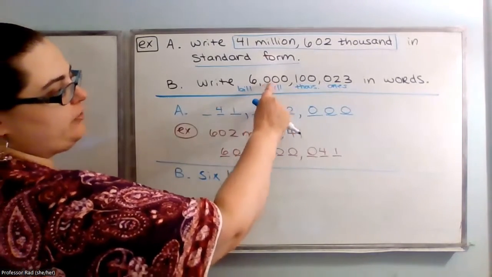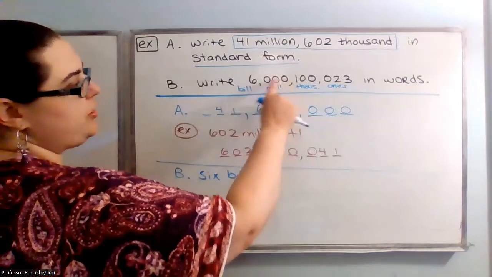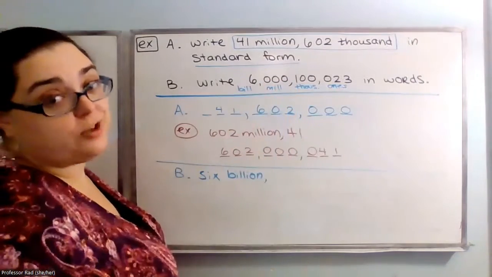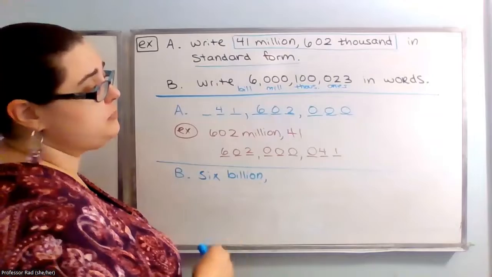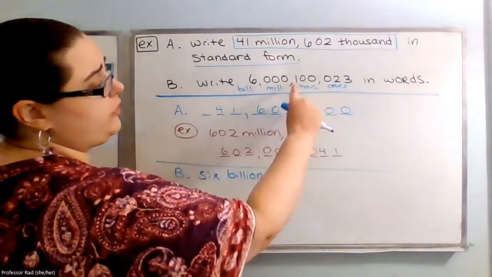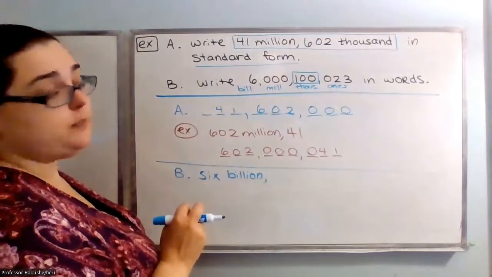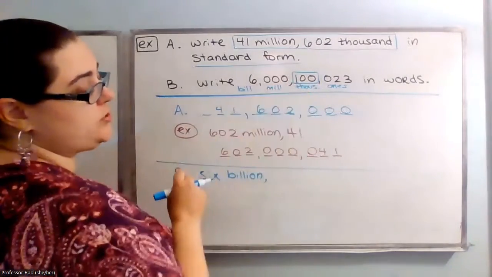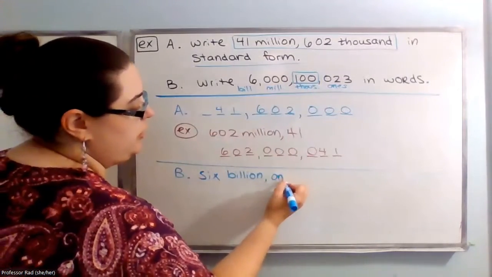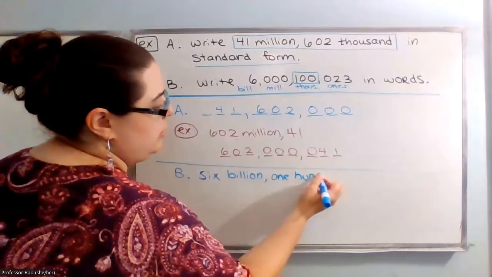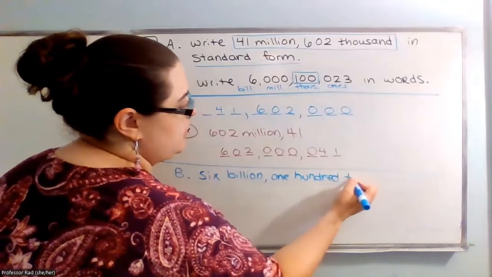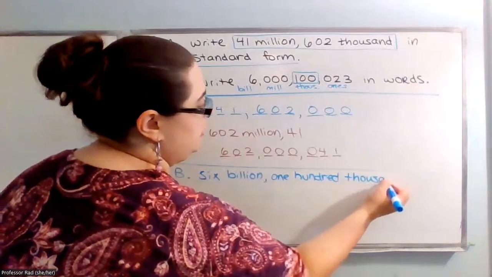Now, in this number, we have 3 zeros, so there's nothing in the millions period, so I don't have to write anything for millions. Here, though, if I look at this set of 3 digits, that would be 100. So that means I have 100,000. We'll write 100,000 because it's in the thousands period.